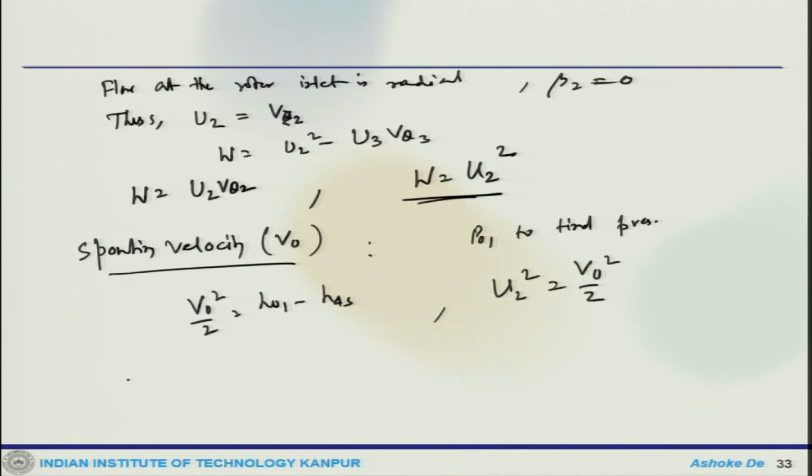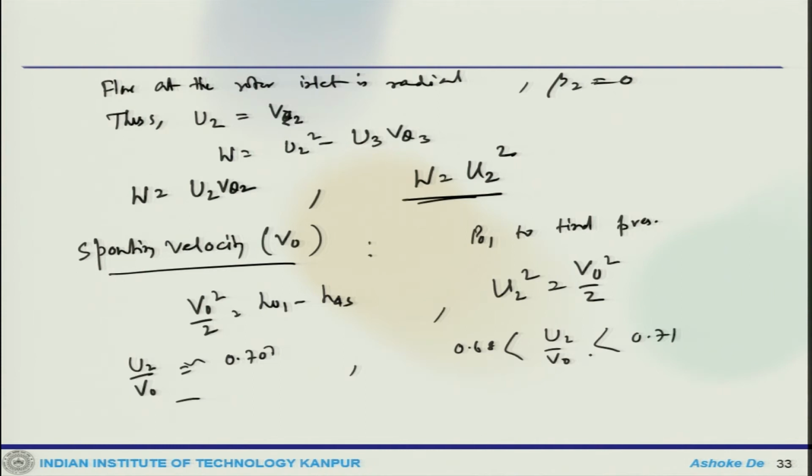So, the velocity ratio we get, U 2 by V naught, would be around 0.707. In practice, this lies between 0.68 to 0.71.